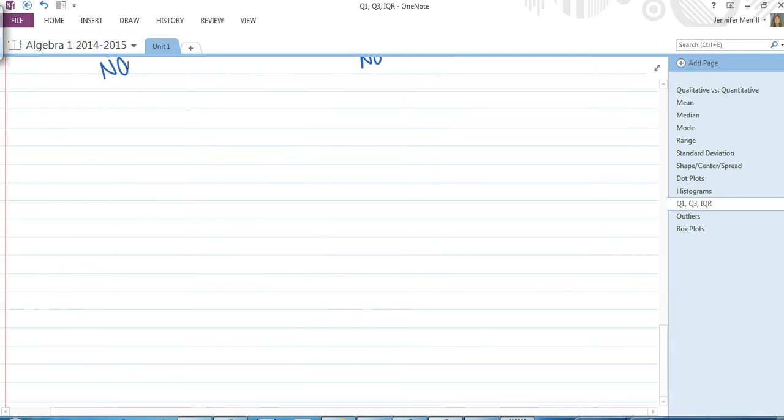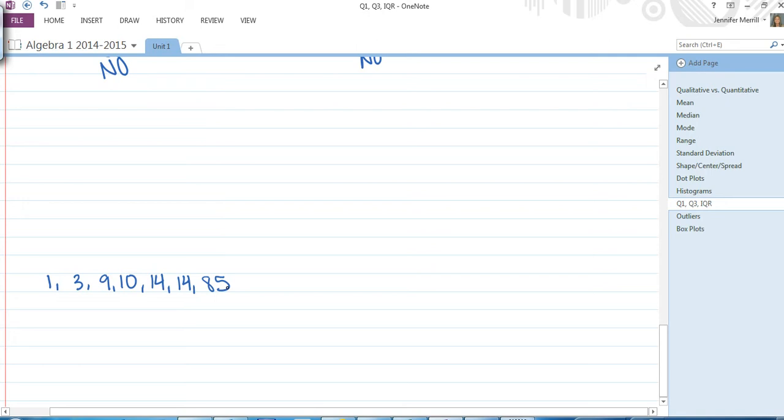Alright, I want to do one more example with some outliers, so let's make up some numbers. I'm going to do 1, 3, 9, 10, 14, another 14, and then I'm going to do 85.